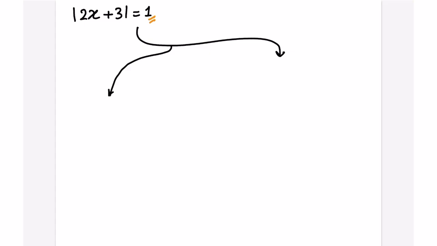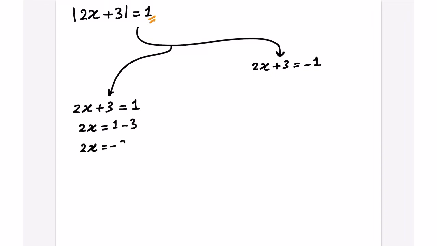The first way, 2x plus 3 equal 1, and 2x plus 3 equal negative 1. We simplify it, we get 2x, the 3 goes to the other side, becomes negative 3, and we subtract it and we get negative 2, then we divide it by 2, we get negative 1 as an answer.